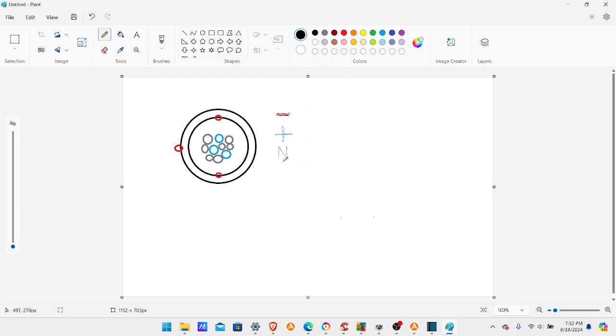So what actually is an atom? Well, atoms are what make up elements.